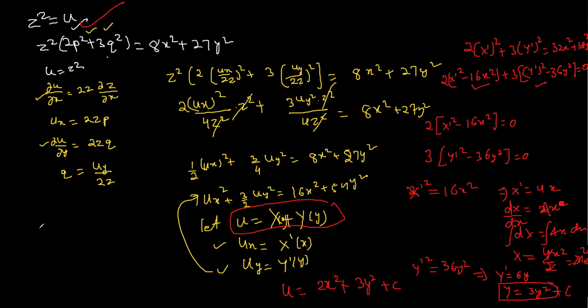But z square is equal to u, and what is u? z square is equal to 2x square plus 3y square plus c. This is your final answer.